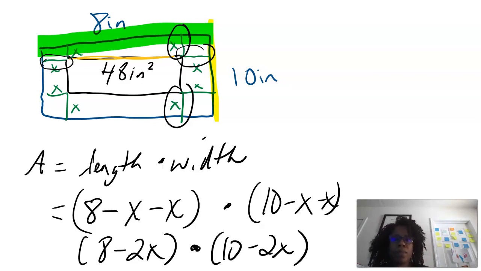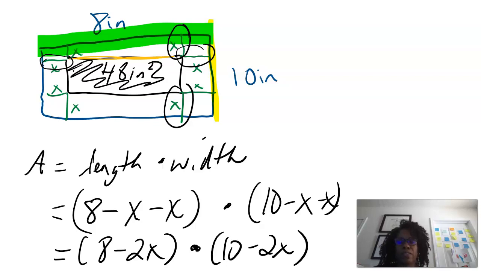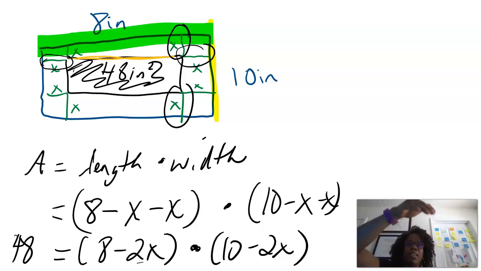Now we are able to determine that this 48 inches squared, the area of the glass, can be computed by taking the original dimensions of the frame on the outside, the 8 inches, and subtracting the two sides, subtracting the 2x, and then the 10 inches and subtracting those two sides, subtracting the 2x. So that's how we can use the 48 inches to our advantage to find this area.